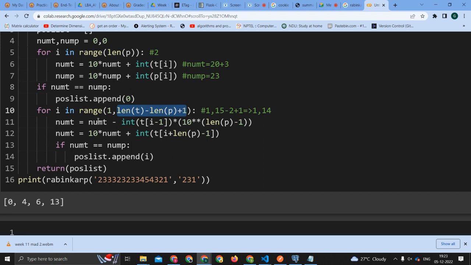So what's happening here again? We have numpty, which earlier we saw as 23, right? numpty minus 23 minus int of i minus 1. What's happening here?